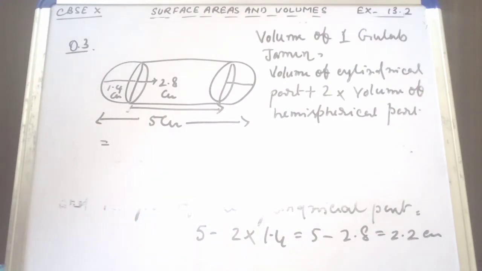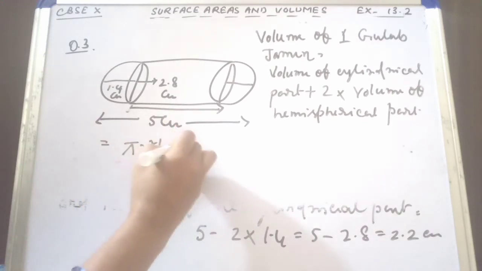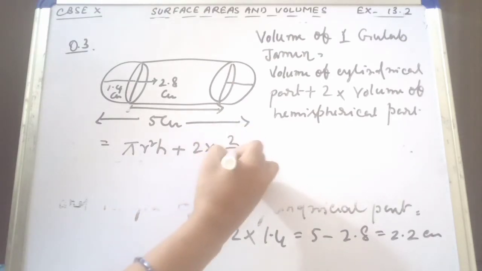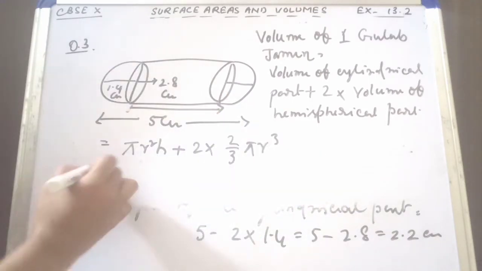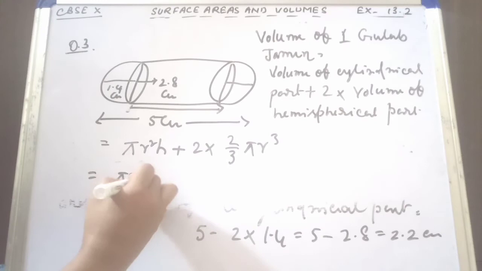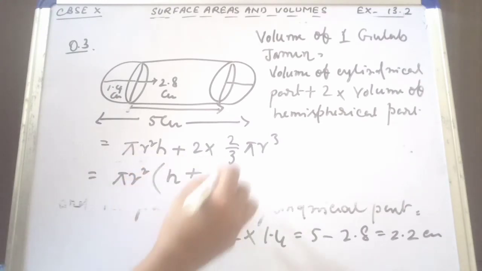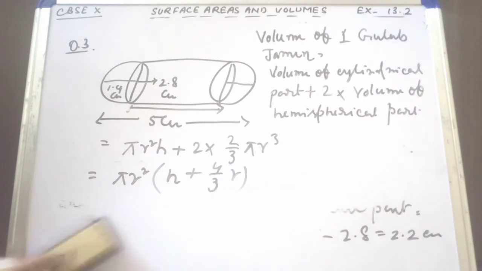That means pi r square h plus 2 into pi 2 by 3 pi r cube. Now taking common pi r square, this is h plus 4 by 3 r. Pi r square into h plus 4 by 3 r.